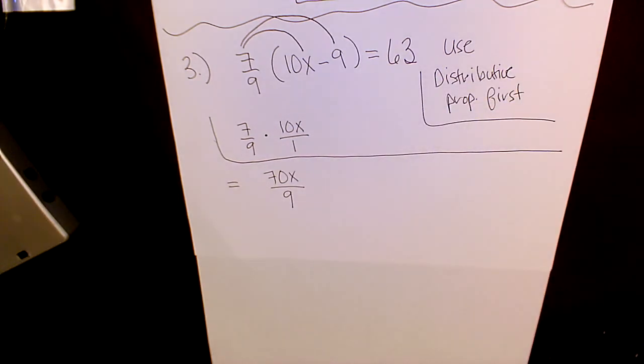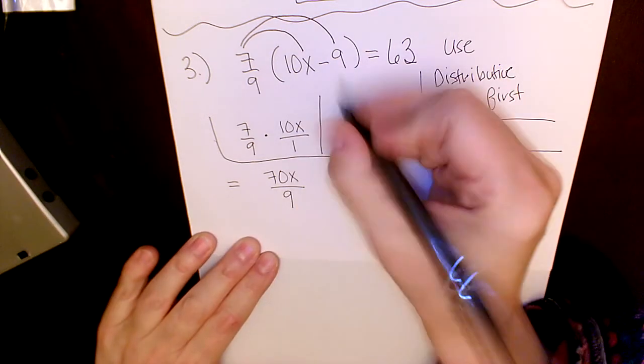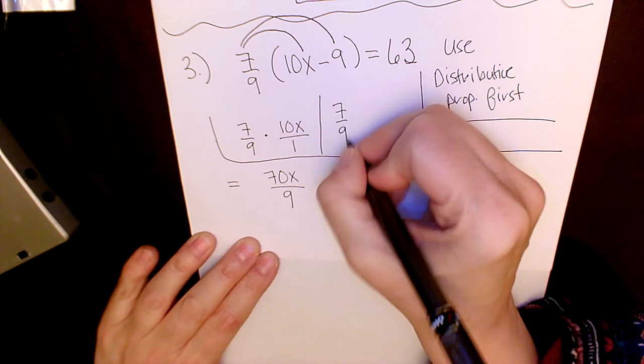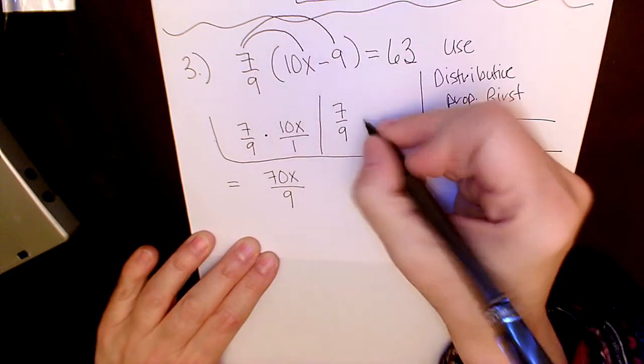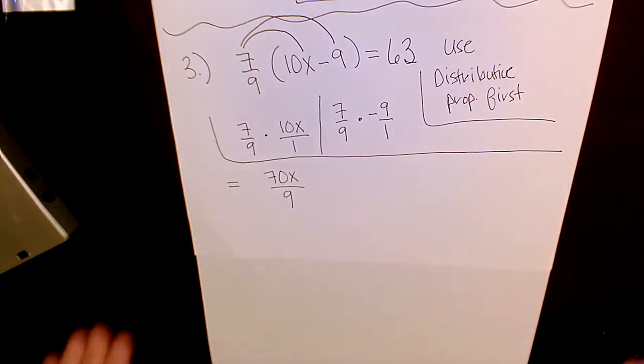So I'm going to get 70x over 9. And then I'm going to take 7/9 and multiply that by -9. And you can make that -9 over 1 if you want. I'm just showing all my steps.